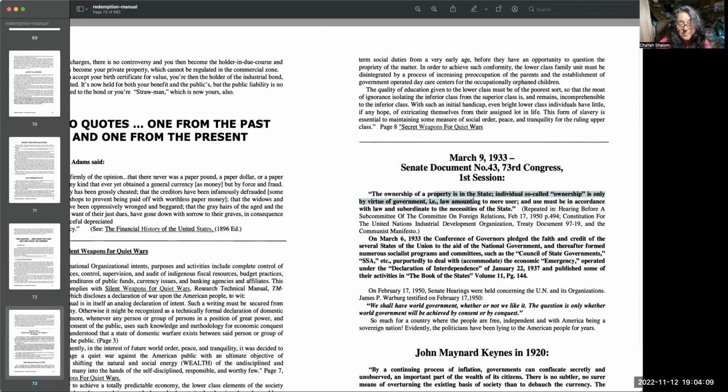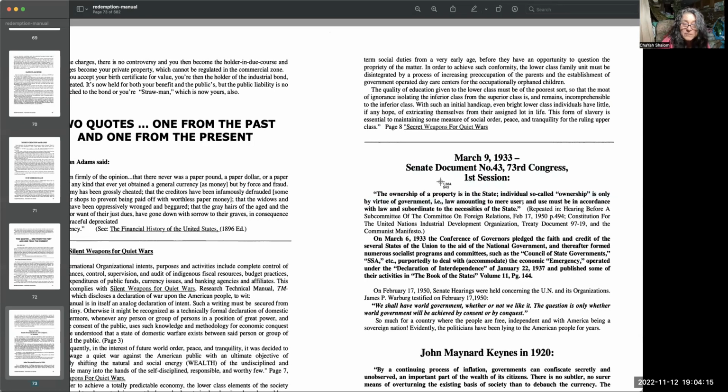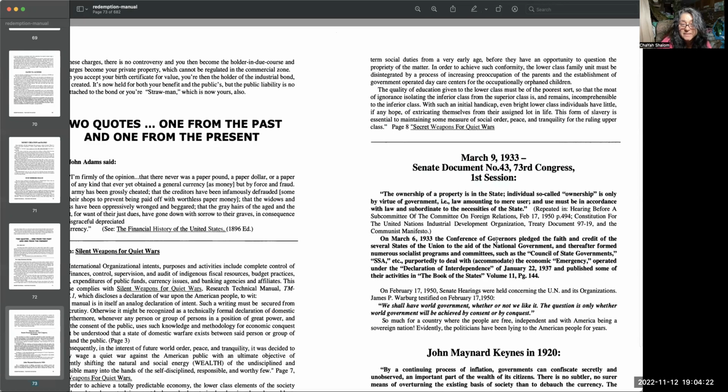This is a good one to copy right here. Copy and paste and send this to my timeshare, I'll do it right now. Because it says right here, the ownership of all property is in the state. Individual so-called ownership is only by virtue of government.